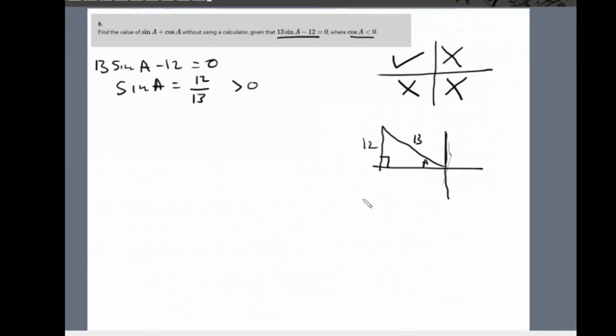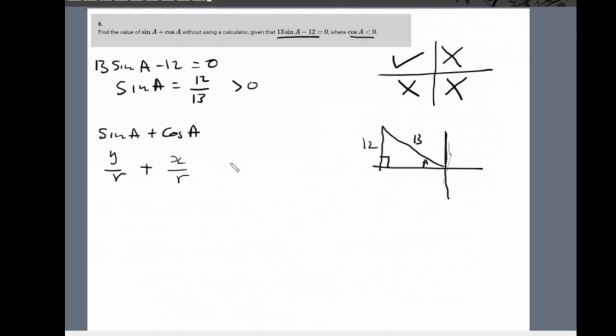They want us to calculate sine A plus cos A. Sine A is y over r, cos A is x over r.